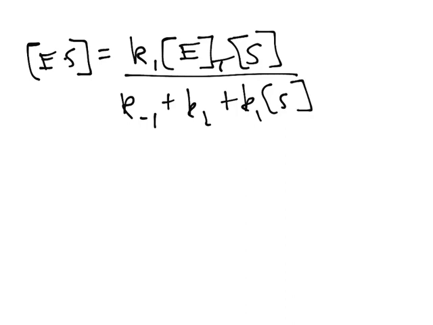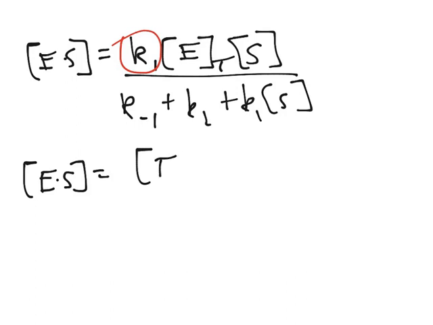So now I'm going to divide everything by K1, on both sides of the equation, because I want to simplify all these rate constants. They're all over the place. If I do that, I get that the concentration of the enzyme substrate complex is equal to the total concentration of enzyme times the concentration of the substrate.